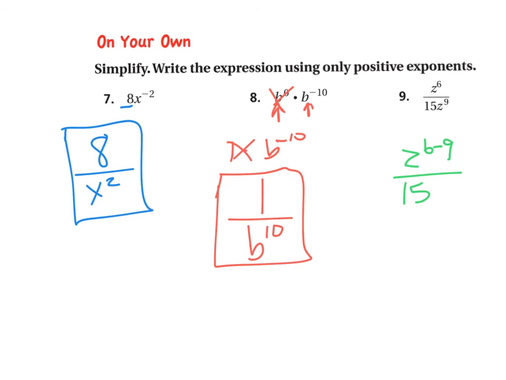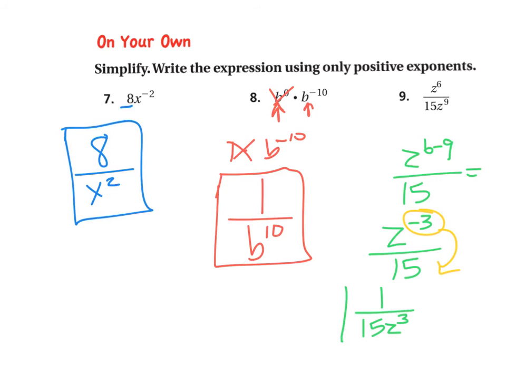Okay, well, what's 6 minus 9? 6 minus 9 would be -3, right? Leave the 15. I can't have a negative up here, so I'm going to bring this back down to the bottom to make it positive. So then I have 1 over 15, because it never left there, z to the power of 3. And there's nothing else I can do to simplify, so that's my final answer.